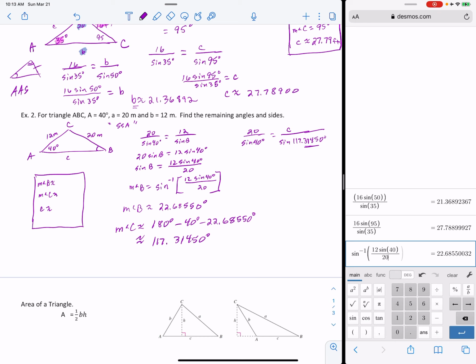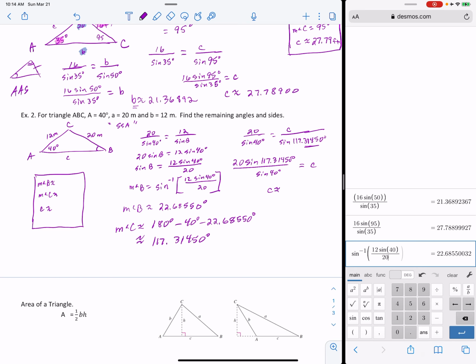So in this case, just multiply both sides by the sine of that 117 degrees, and that will get you C. So C will be 20 times the sine of 117.31450 all over the sine of 40 degrees. And then plug that in to your calculator.